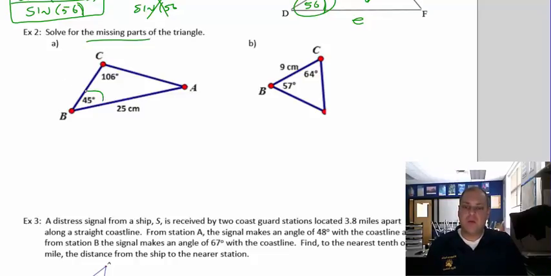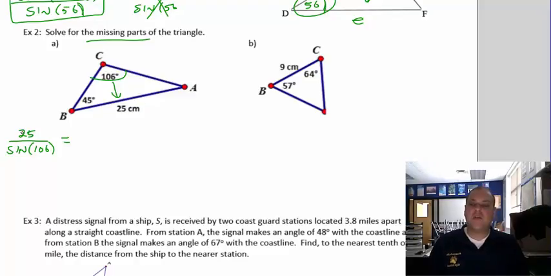All right, well, we know this angle, we know this angle, we know the opposite side. So there it is. When you have an angle and the opposite side, that tells you you can use the law of sines. So it's going to be 25 over sine 106. That's going to be our anchor. That's going to be very helpful for us. And now we can solve for anything else.